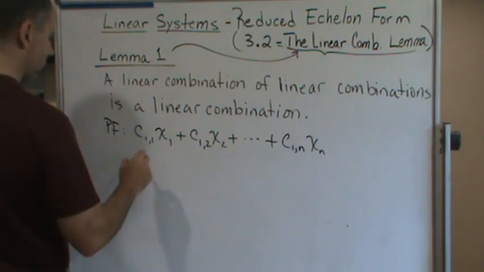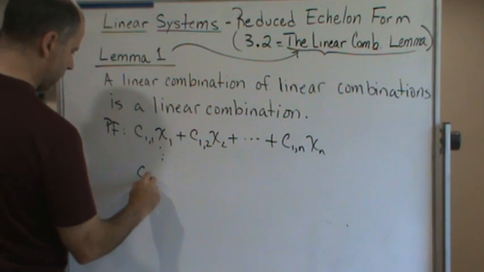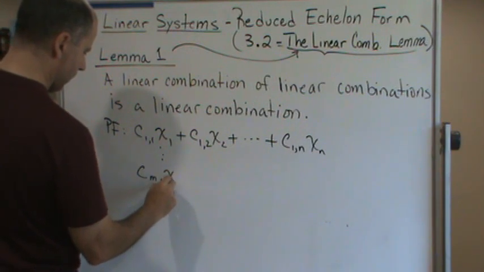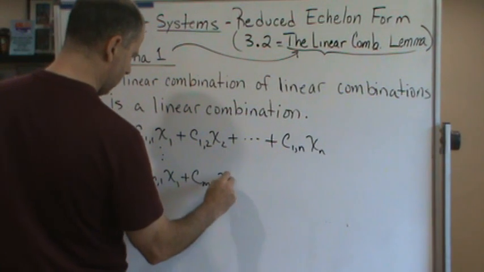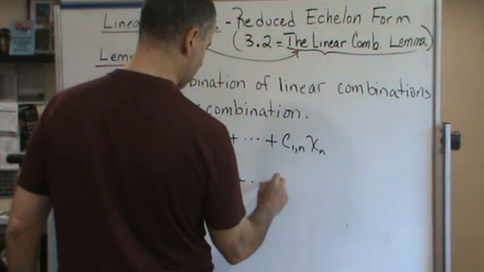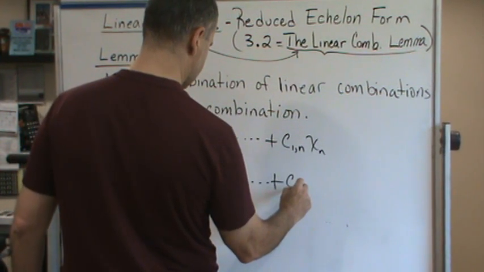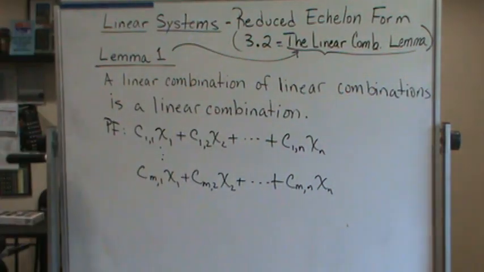All the way through C sub m1 x1 plus C sub m,2 x2 plus dot dot dot plus C sub mn x sub n. So we've got this matrix, or the system of equations, or not a system of equations, but a system of linear combinations.